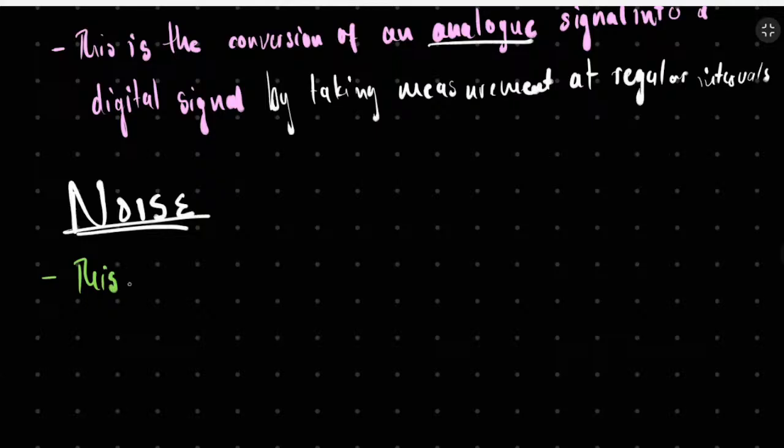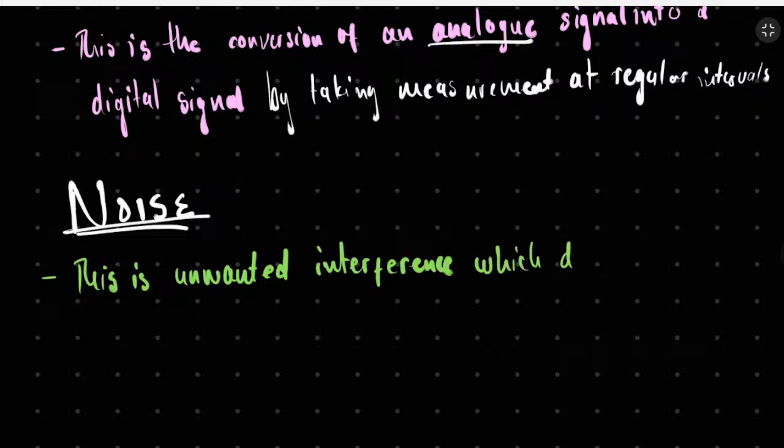Noise is unwanted interference which distorts signals.